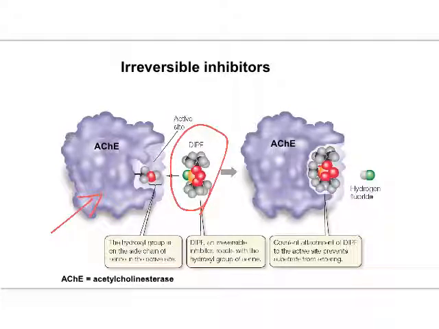The full name I won't bother trying to pronounce at this point, but it binds to a serine residue in the active site of acetylcholinesterase and permanently deactivates it, so that acetylcholine is not broken down in the synaptic cleft between the nerves and the muscles.